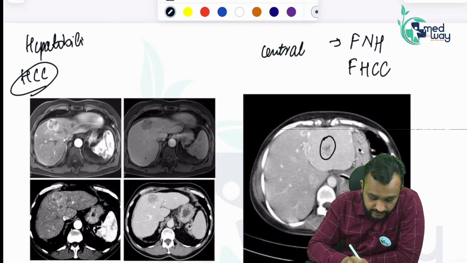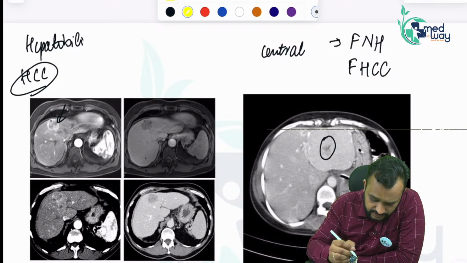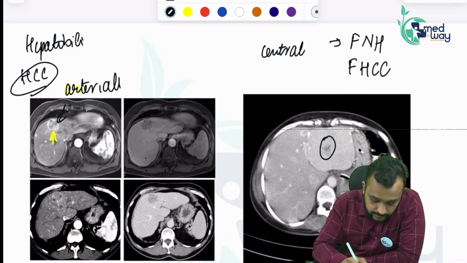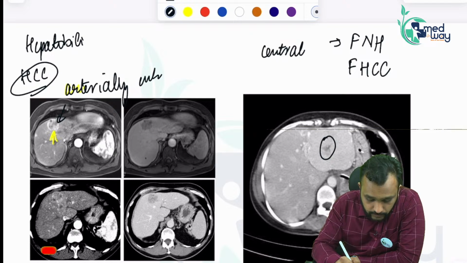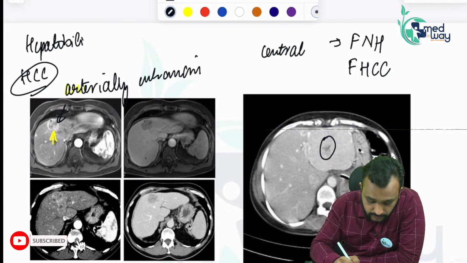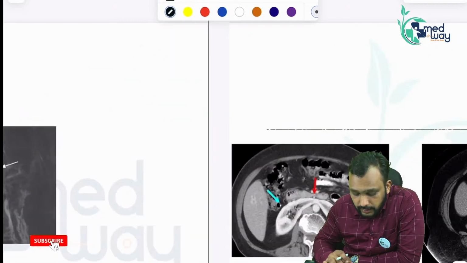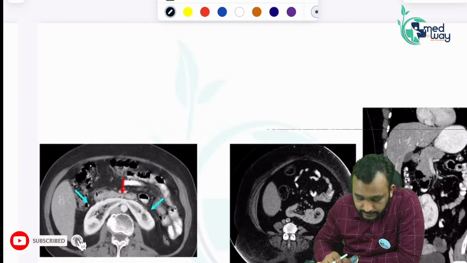You will see that there is enhancement of the lesion during the arterial phase. So these are arterially enhancing lesions, okay, that are showing washout on the venous phase. So this is typical of hepatocellular carcinoma, right?